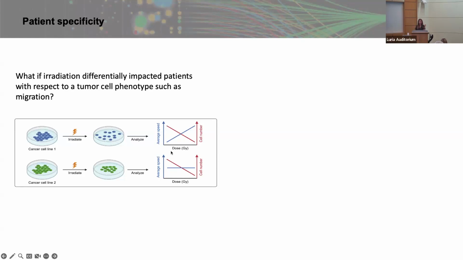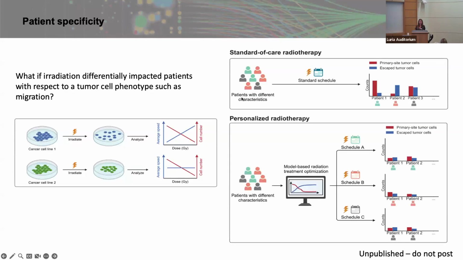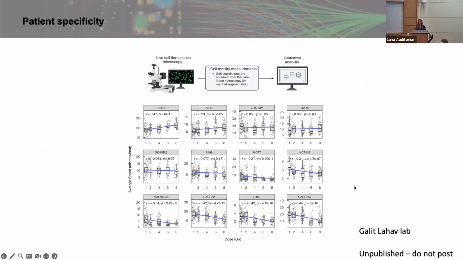If you have a patient where there's a negative correlation, then maybe that's a less important consideration, because then the optimum for depleting the tumor cell population would also be the optimum for actually minimizing migration. And so we could imagine that if we had measurements such as those for a diverse patient population, that we could come up with a patient-specific optimization schedule to create individualized treatment plans for each individual patient.